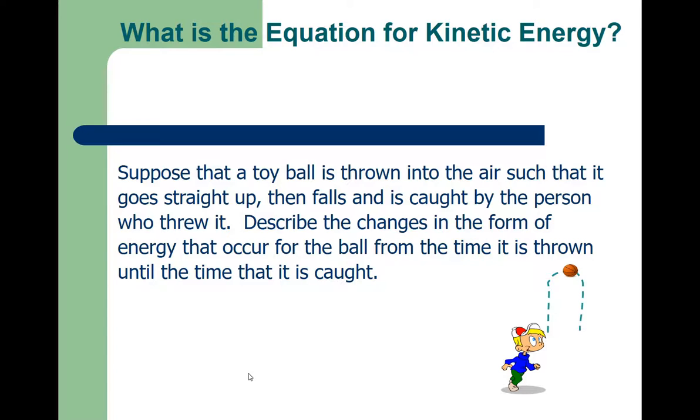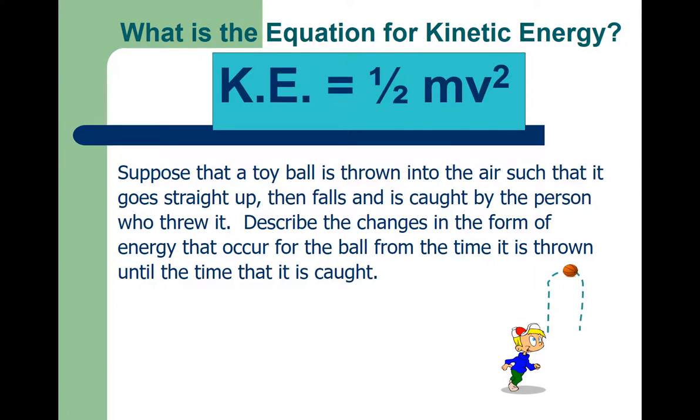So what is the equation for kinetic energy? We already wrote that down hopefully before, but it's kinetic energy, or KE, is equal to 1/2 the mass times velocity squared. It's not volume. So suppose that we have a toy ball and it's thrown in the air such that it goes straight up and then falls and is caught by the person who threw it. How would we describe the forces of what's happening?